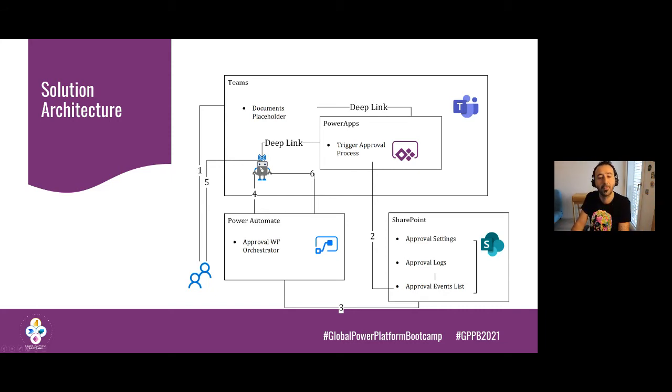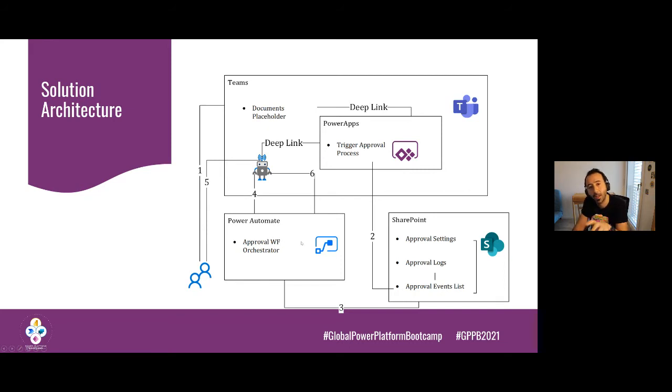And then we will leverage the Flowbot to send a message, an adaptive card, to the user, and then this Flowbot gets the answer and pushes it back to the approval workflow orchestrator.